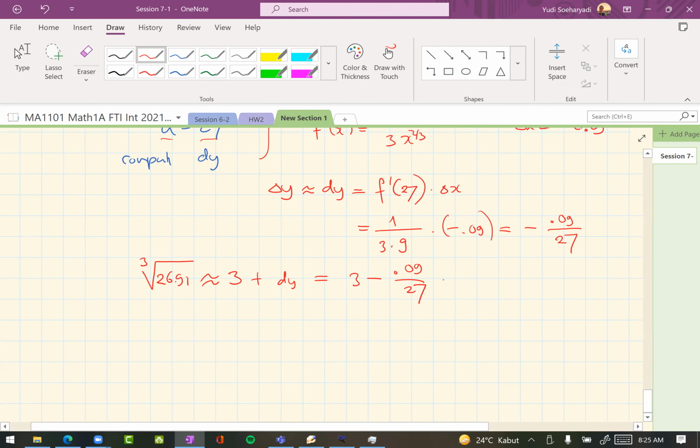So let's see. What is this number here? 9. It's calculated. Point 09, negative 0.0037, oh, this is repeating.